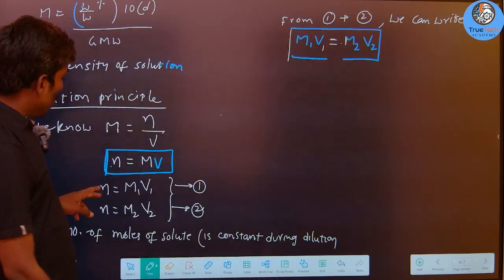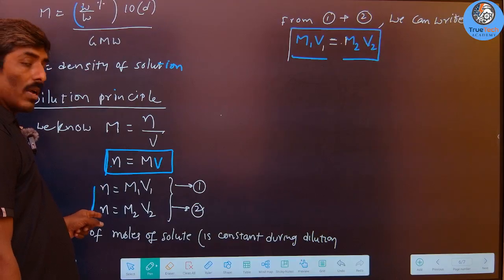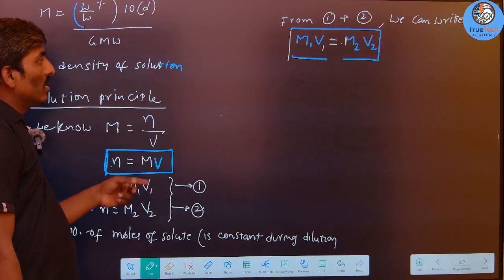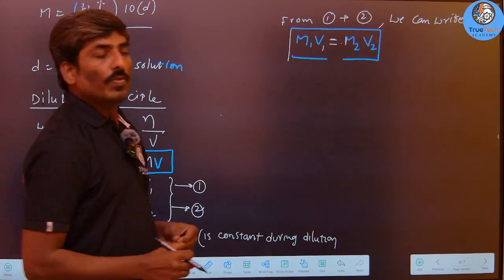From these two, since n is constant, these two are equal: M1 V1 equal to M2 V2.